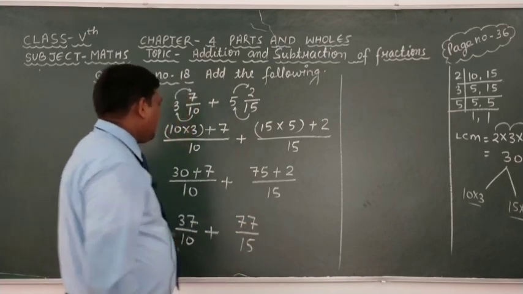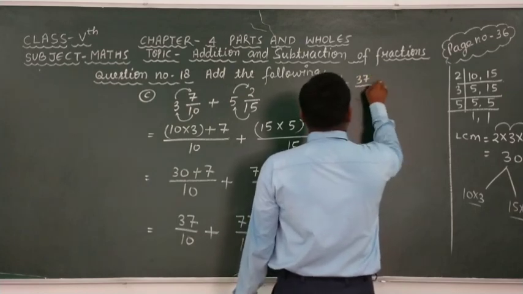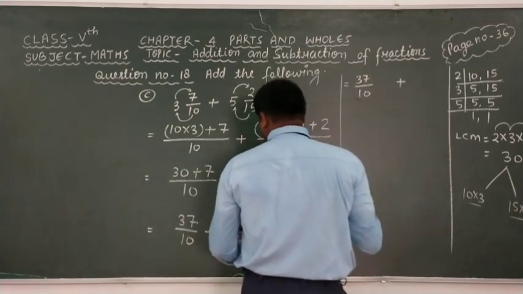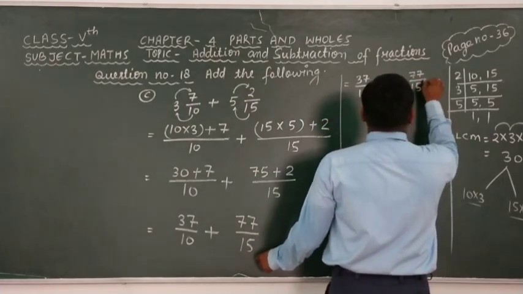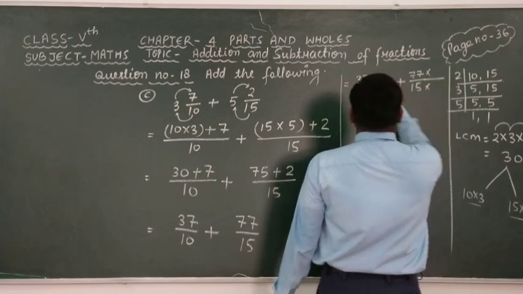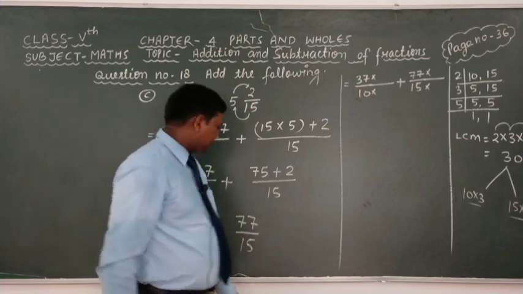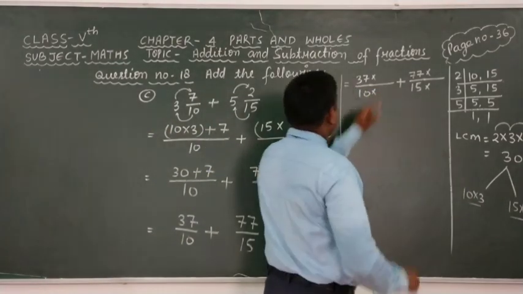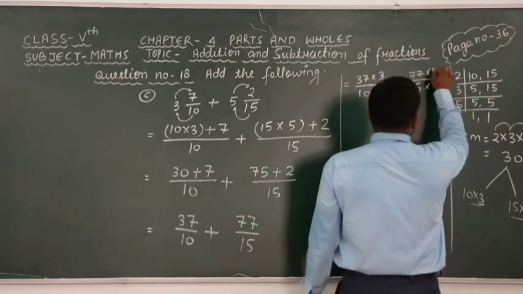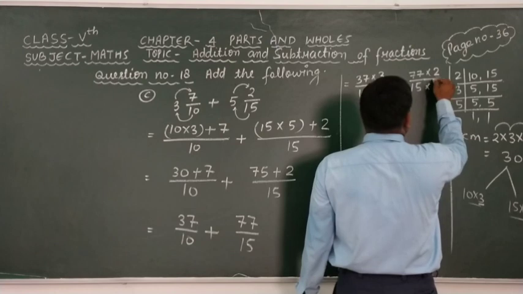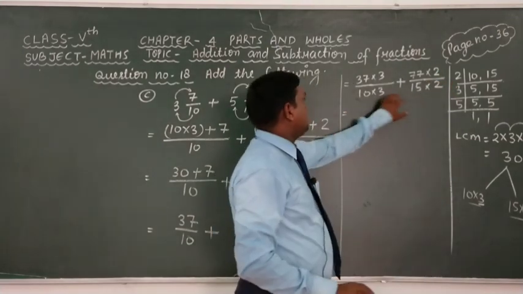Here given 37 by 10 plus 77 by 15. Here we multiply by 3 in numerator and denominator, here we multiply by 2 in numerator and denominator, for finding the same denominators.